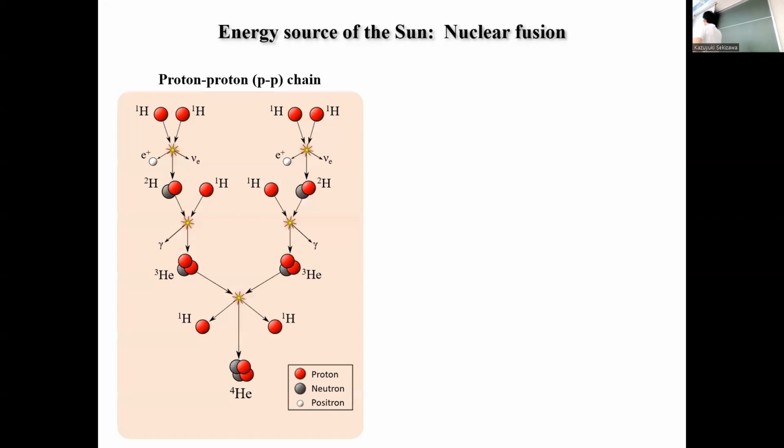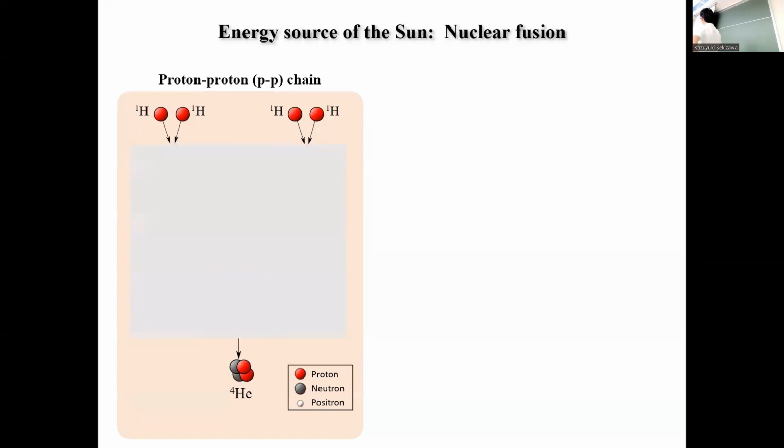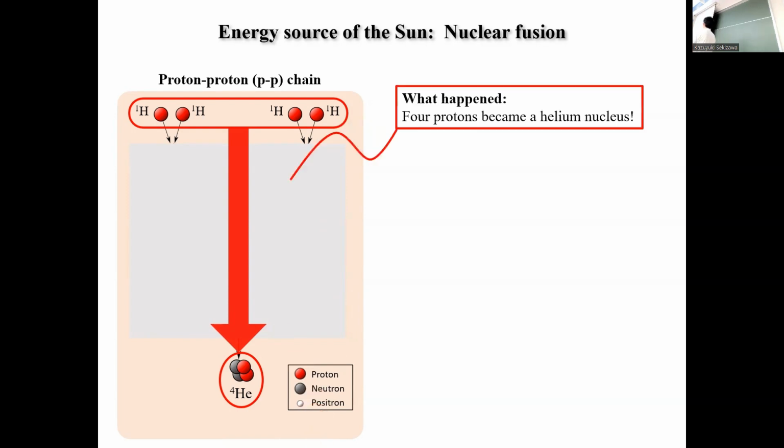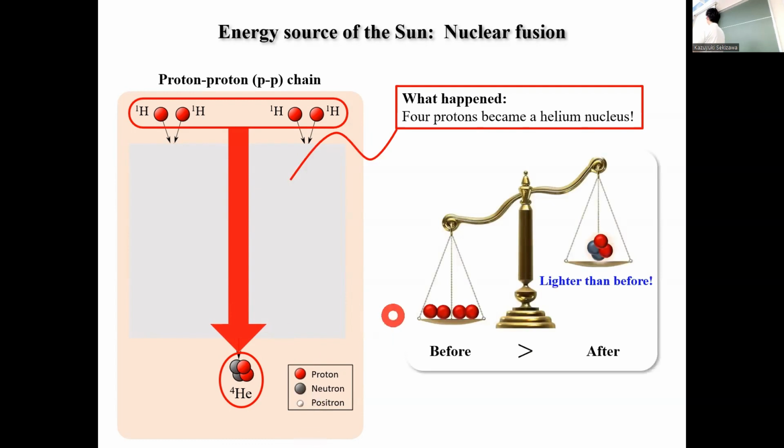In the case of the star, the so-called PP chain is happening. In the PP chain, 4 protons react with each other, and in the end, we have the formation of helium-4, an alpha particle. The point was that the masses of those systems before and after the reactions are different.